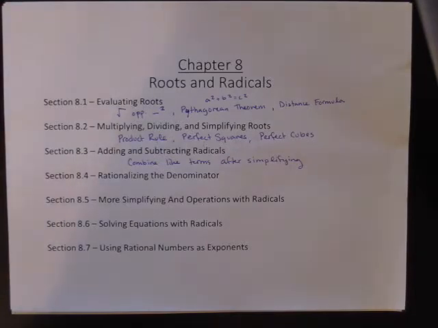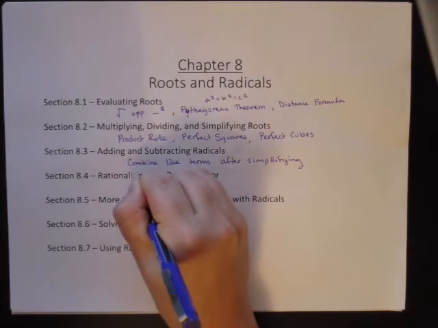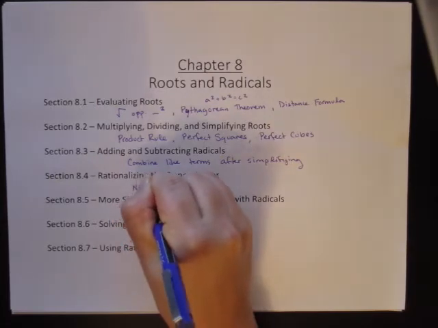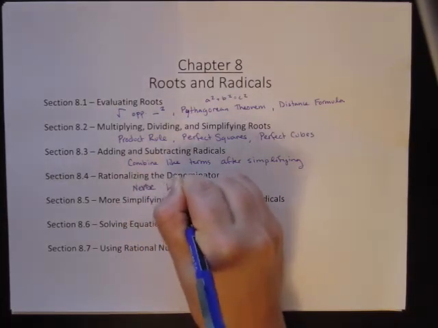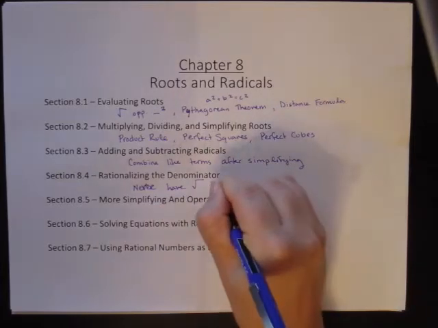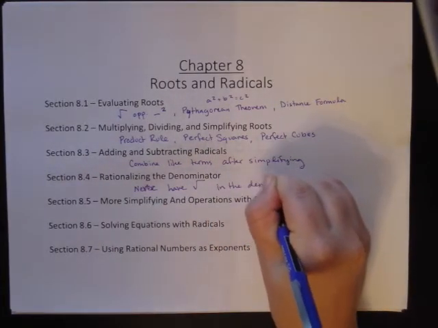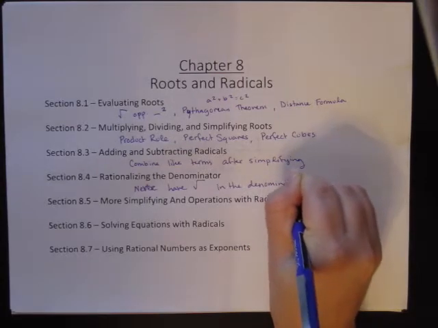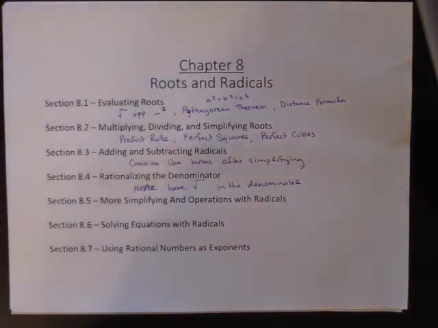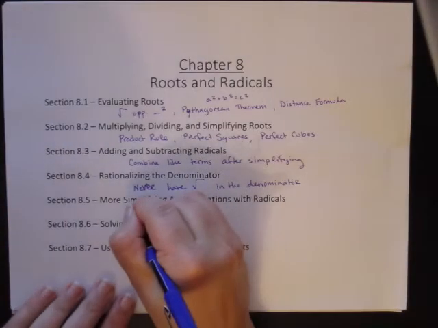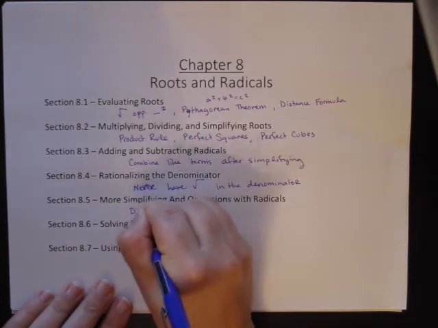Then in 8.4 we're going to be rationalizing the denominator, because you can never have a square root in the denominator. Then we're going to work more simplifying operations with radicals. This is where we're going to look at the distributive property.